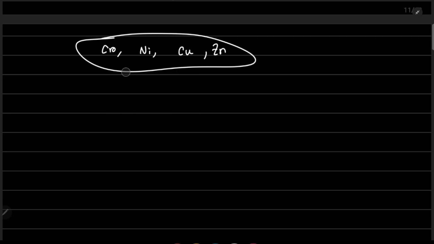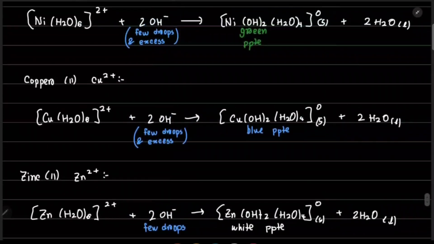So these are the cases where it's different for NH3. In the other cases, we can just replace the OH- with NH3. The products will pretty much be the same, just in place of water we'll have NH4+.